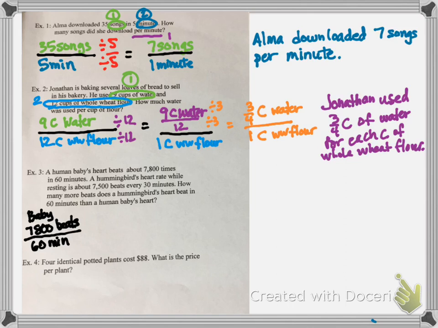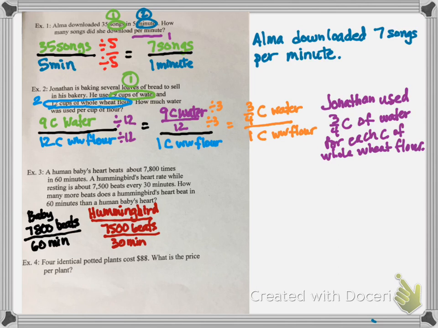Okay, and now we've got the hummingbird. And his heart is 7,500 beats per 30 minutes. So the problem is I can't really compare these two unless they have the same denominator.